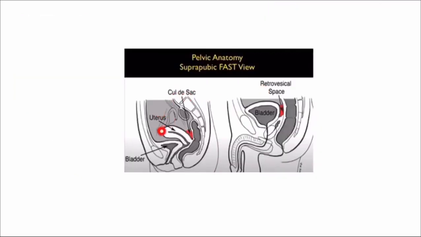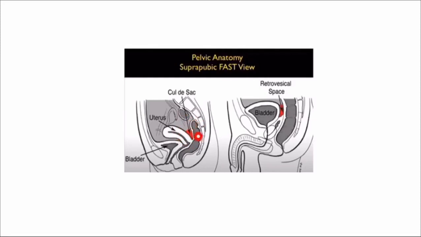Now this is the schematic diagram of the rectovesical pouch in the male and the retrouterine pouch or pouch of Douglas in the female, or sometimes they term this the cul-de-sac.